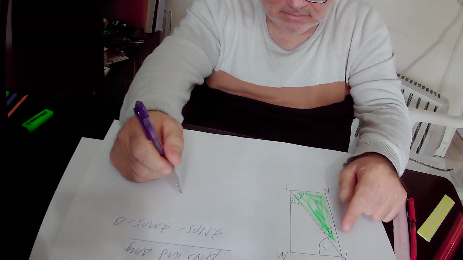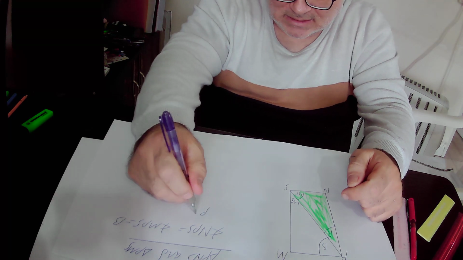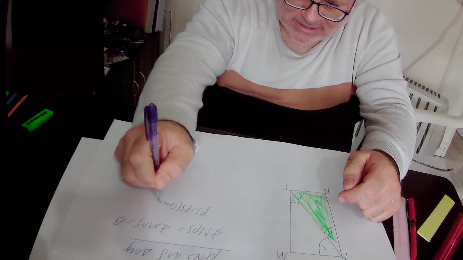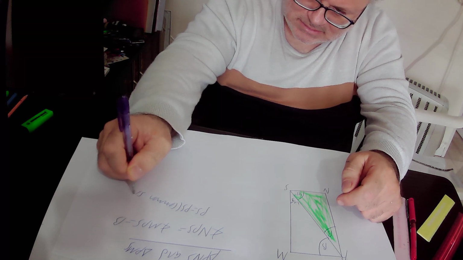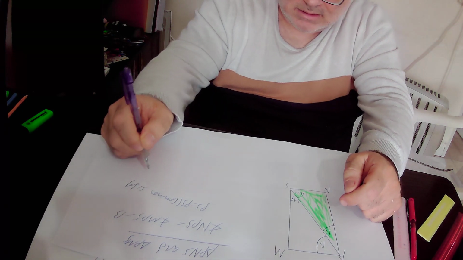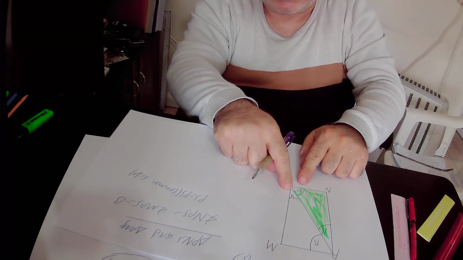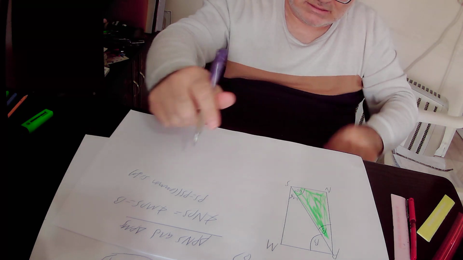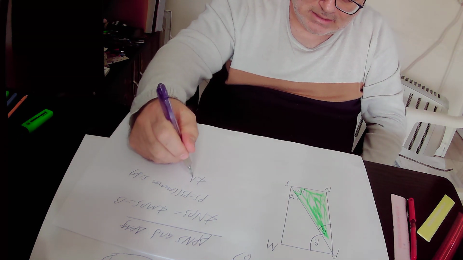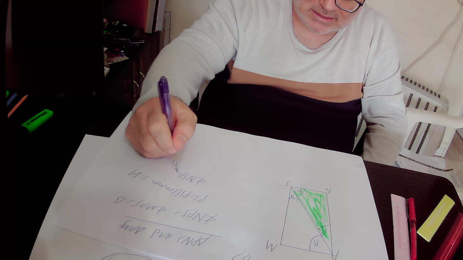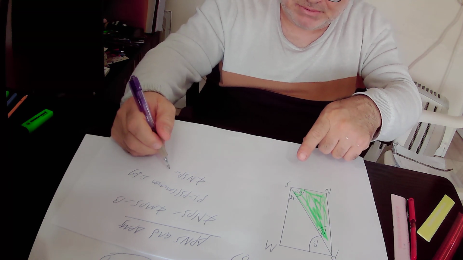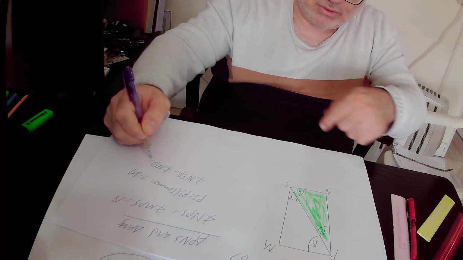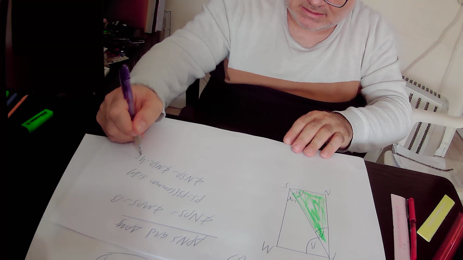PS is a common side, it belongs to both triangles, so PS equals itself. And we also have those two angles that are equal to each other, they are both equal to 45 degrees. So angle NSP of the green triangle is equal to angle MSP of the white triangle, and both those two angles are equal to 45 degrees.